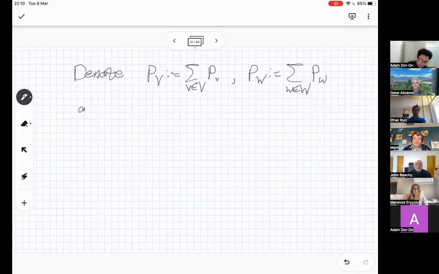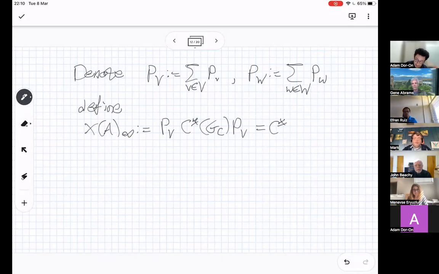So then define, this is the quickest way to do this that I could come up with. X_A infinity is the corner by PV of C-star of G_C. This is just simply the graph C-star algebra of G_A. And then, sorry, at the one component.